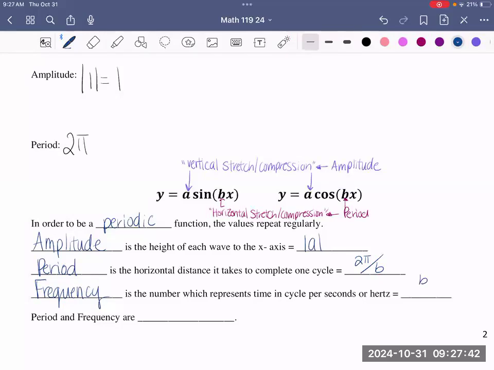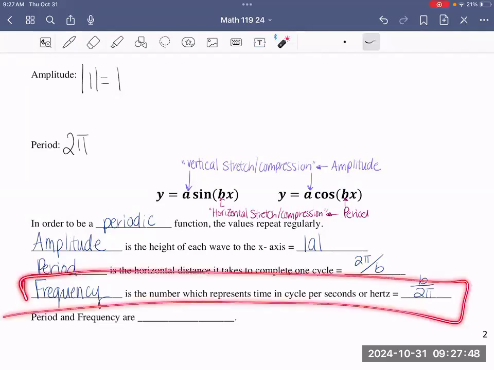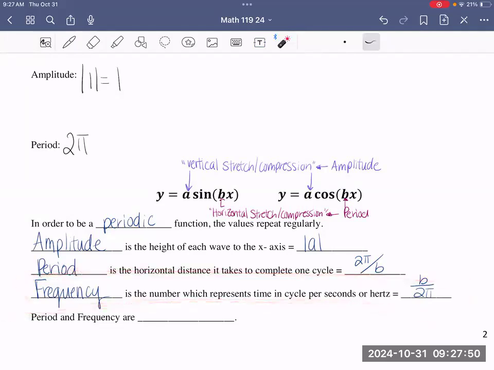This is B over 2 pi. We're not going to be using frequency as much in our class, however, others might. It's just the frequency of how often these waves are going to appear. Now, period and frequency, when you look at their equations, what do you notice? Well, they are reciprocals of one another. They have just flipped upside down.